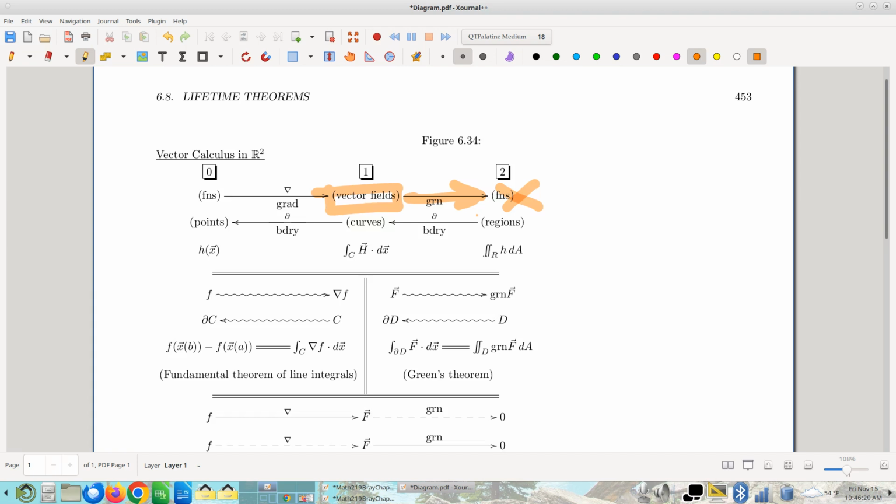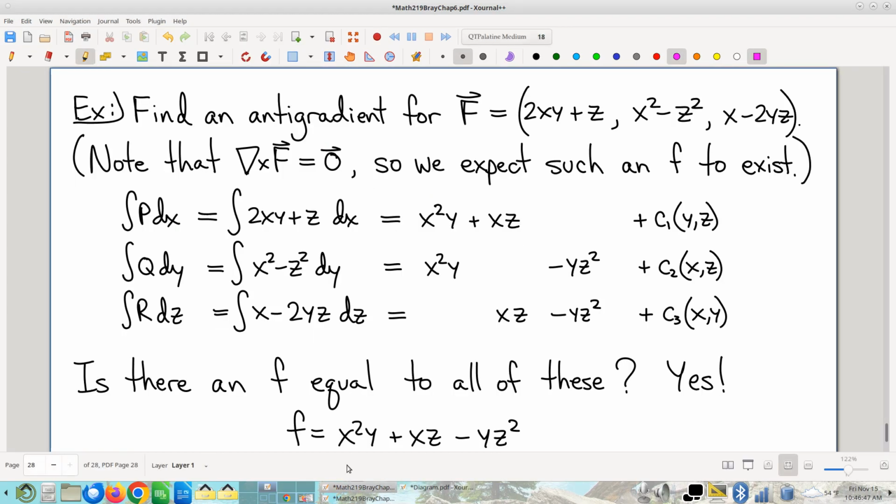Then there is no way that there is some function whose gradient is that vector field, because that would then give you a lifetime of 3. Not allowed, right? Not possible. So we know there is no anti-gradient. An anti-gradient would suggest a lifetime of 3. Not going to happen.